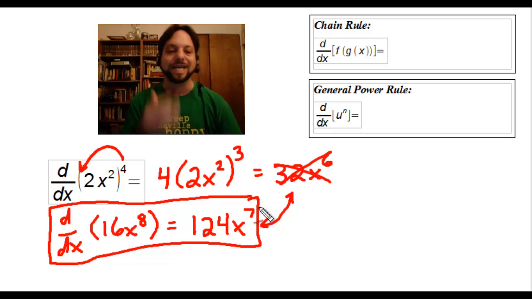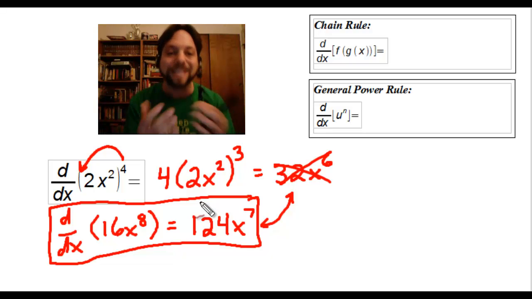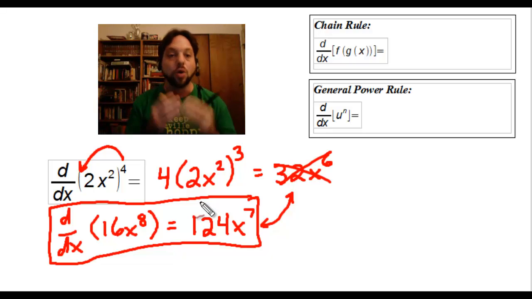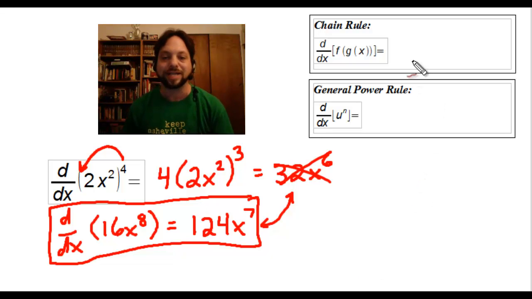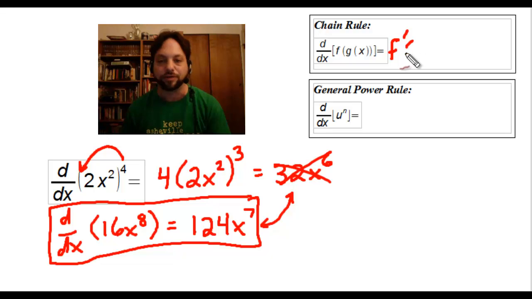What went wrong is that we actually have a composition of functions, so we can't go using basic differentiation rules. What we're actually going to need to use is this thing called the chain rule. So let me go ahead and explain to you what the chain rule is. To do the chain rule, you differentiate the outside part of the function. That was the part that said to the fourth power in our example.